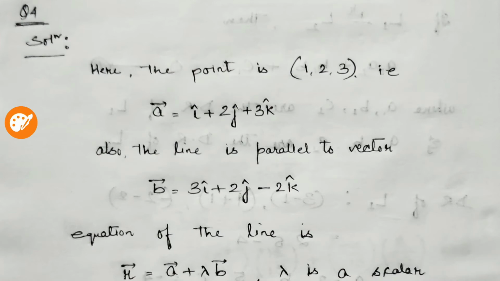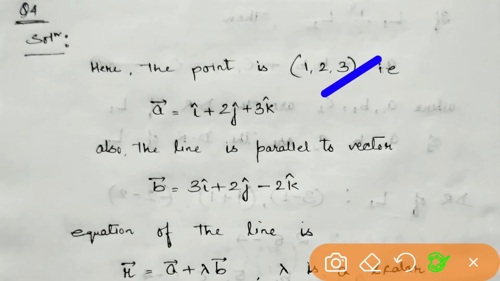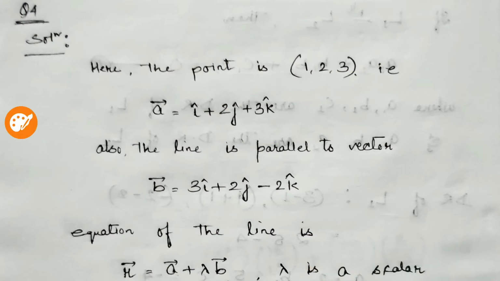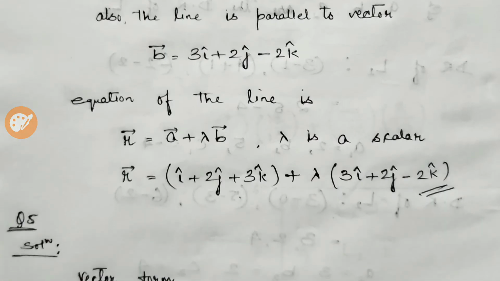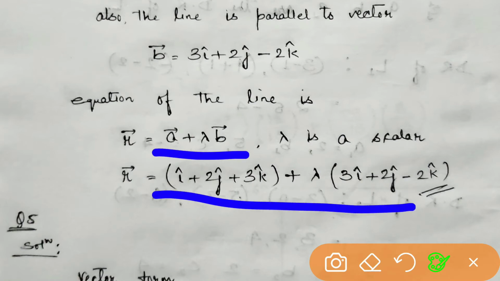Now you see the point is given to me, so I got my a. The parallel vector is given to me, so I got my b. Now what I have to do, I just need to put it in the equation. Okay, so you should be very careful. The point which is given to you will give you a, and the parallel vector is this.